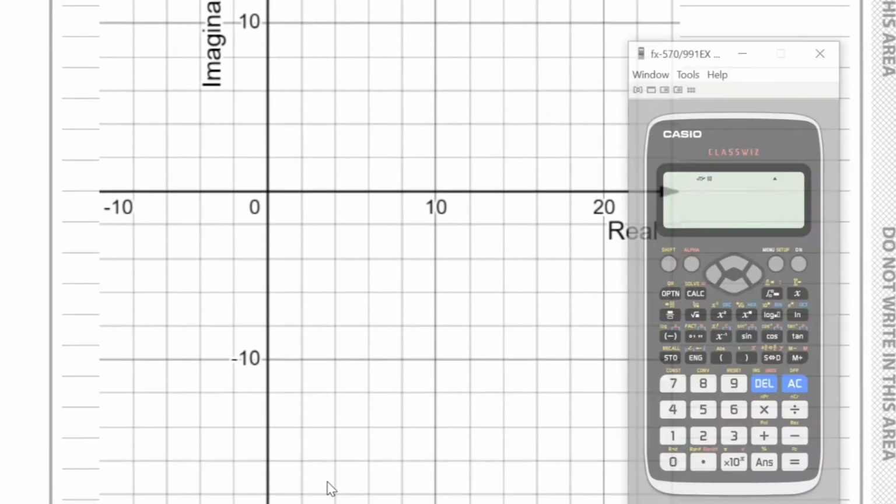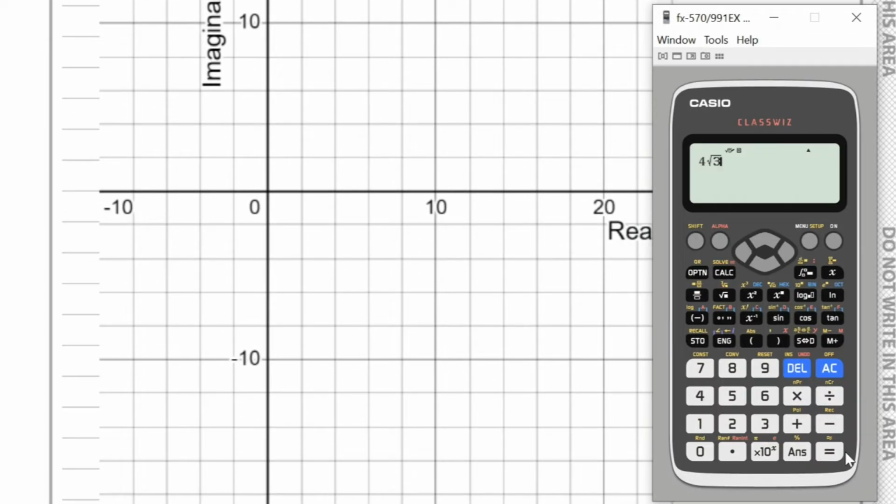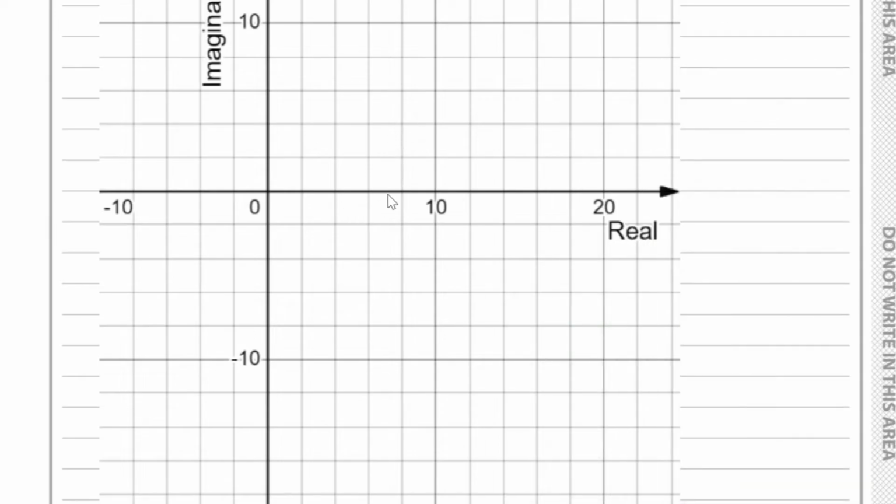Now, if I work out what 4 root 3 is, I end up with 6.9 etc. It's close to 7. And so if I plot that point, I have the point w, which is around here.